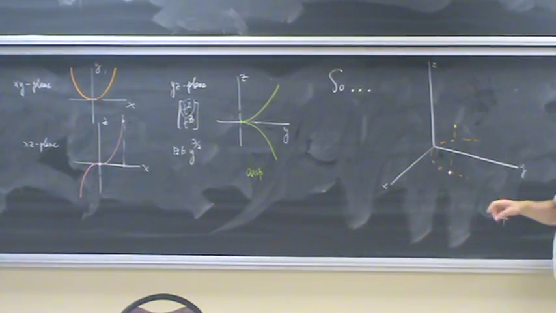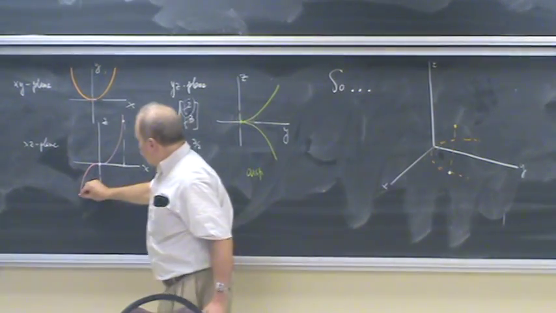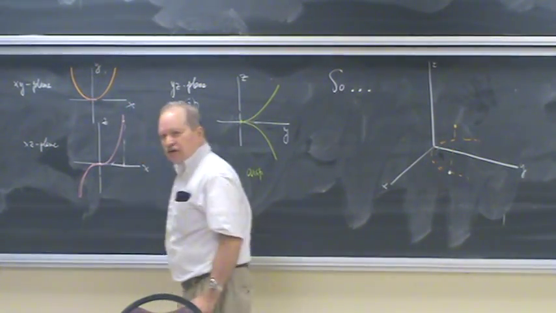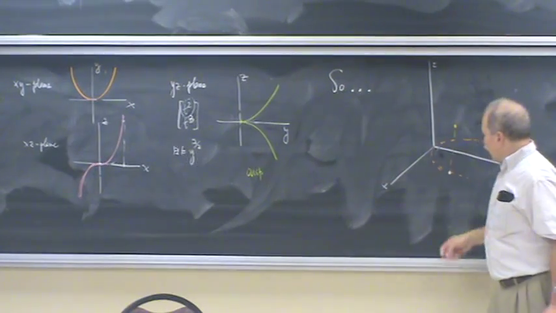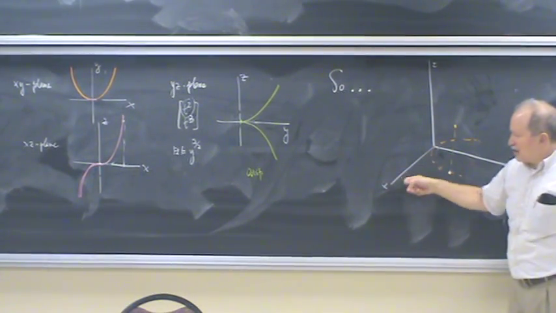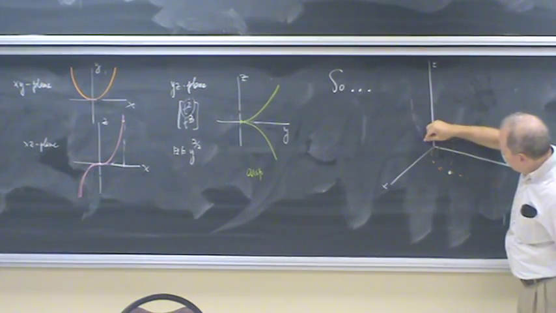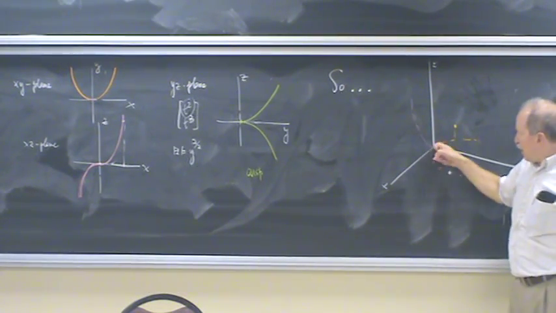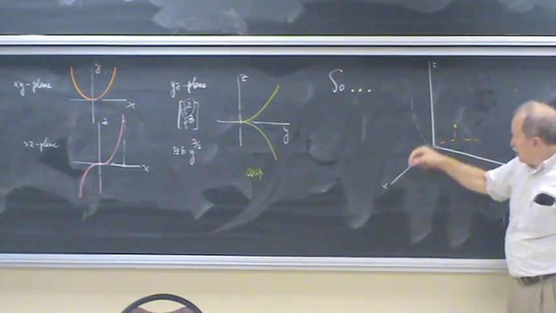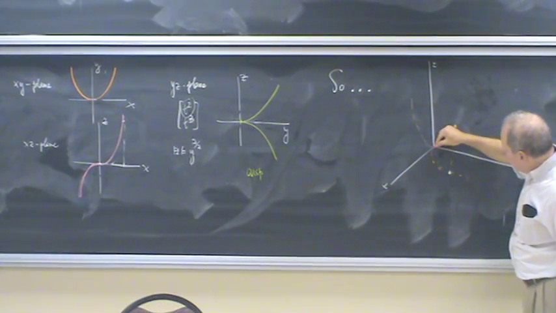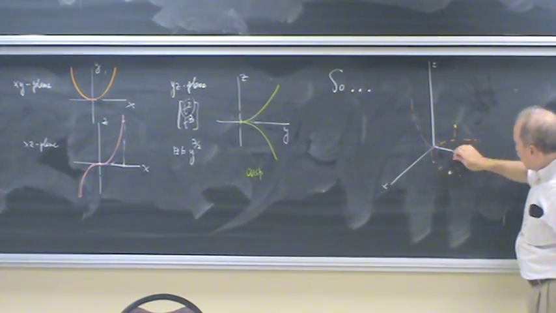Now, if I draw that cubic curve in the xz plane, I have to be a little bit careful because positive x's are going this way. So it's coming up in the positive x's, coming in flat, and then it's bending and going down below, back behind.